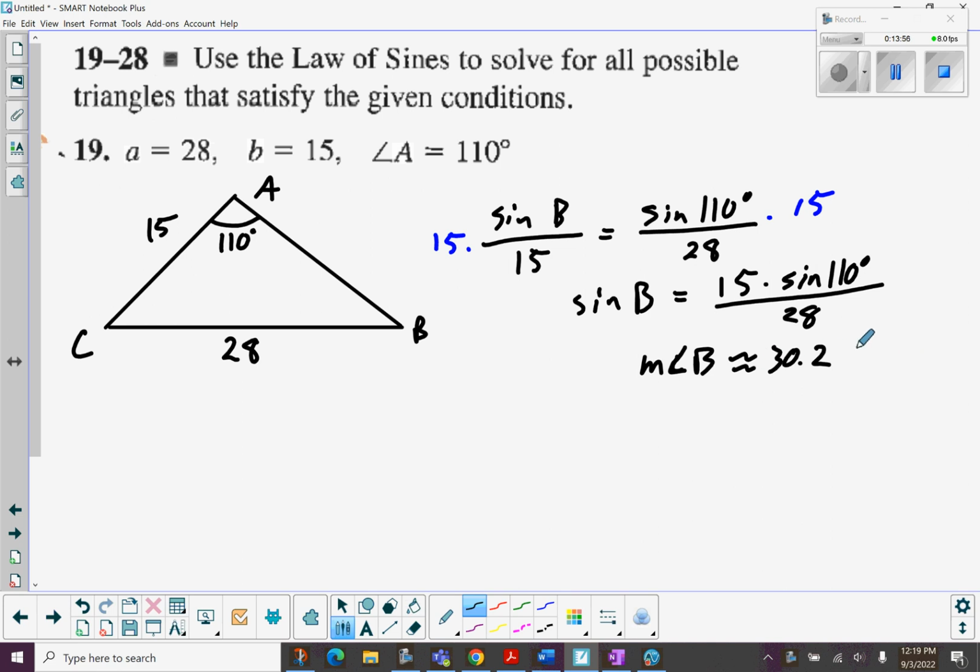Well, the supplement to 30.2 degrees would be, let's see, 180 minus 30 should give you 150, so this is 149.8. Hold on. We already have one obtuse angle. We can't have another one. This tells us we only get one solution here. Oh, isn't that nice?